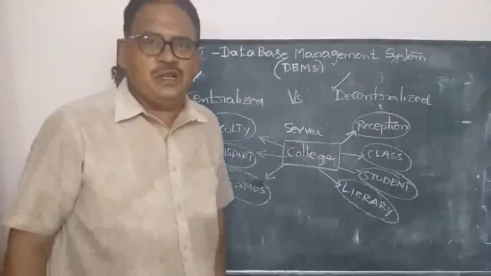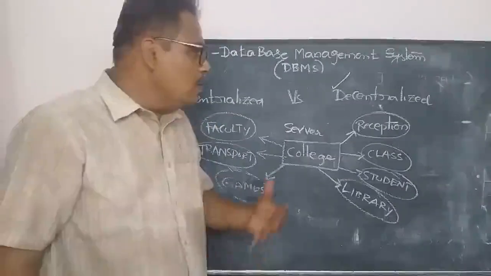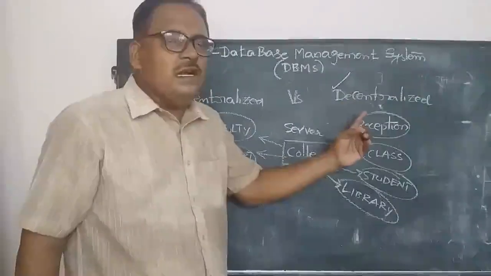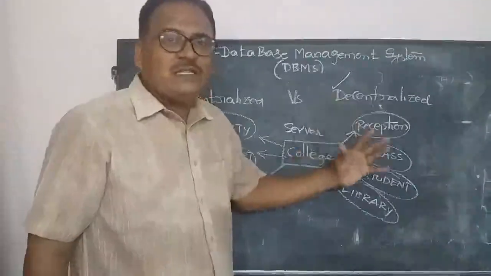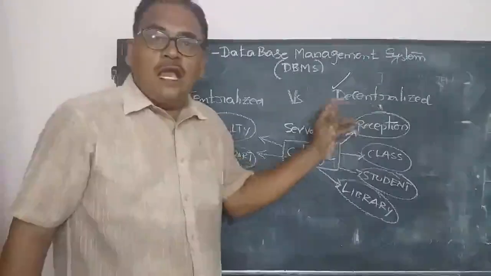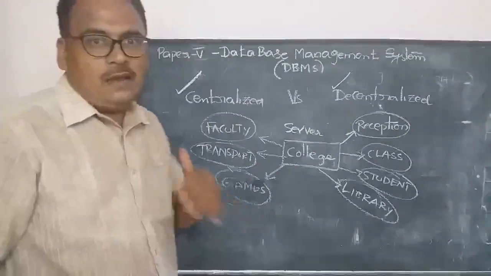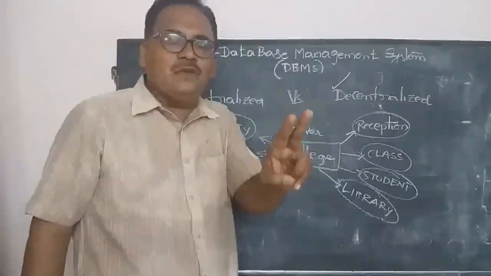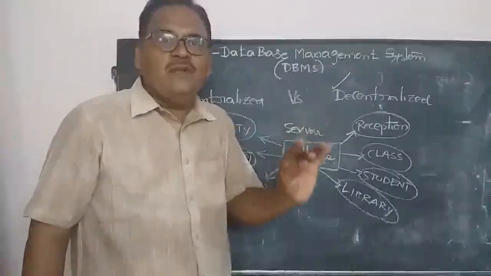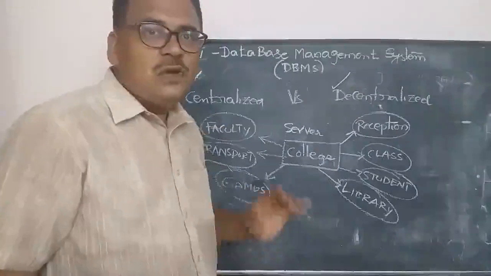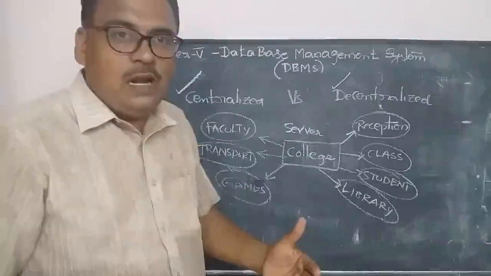That is centralization. So the drawbacks, errors and defects we face in decentralization can be overcome using the centralized manner. We discussed 2 drawbacks: one is data redundancy and the second is data inconsistency. So let us check whether they are overcome or not.